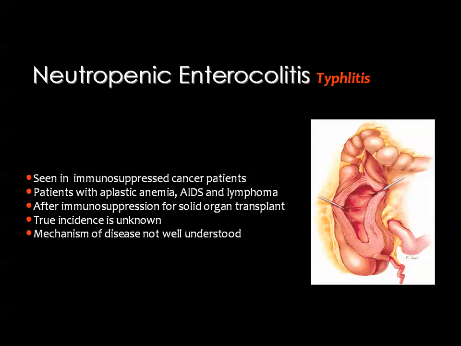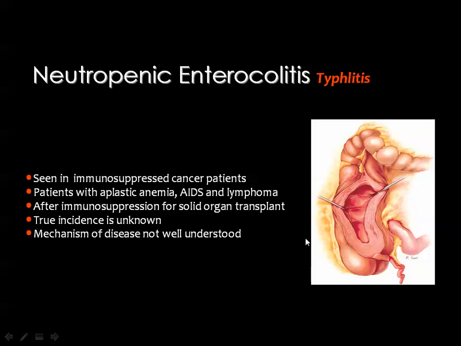I think, three major criteria. Number one, it is seen in immunosuppressed patients. Number two, it is almost located to the area of the cecum and ascending colon. Number three, the patient has neutropenia, not leukocytosis.